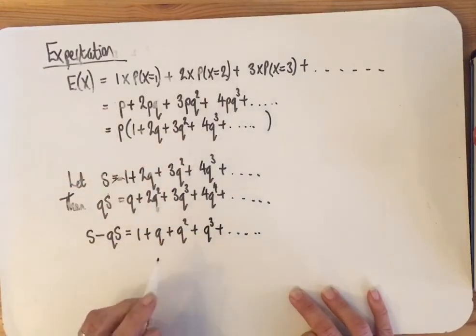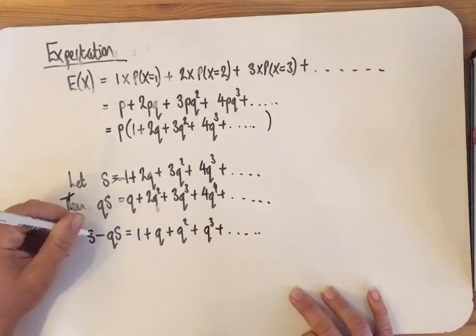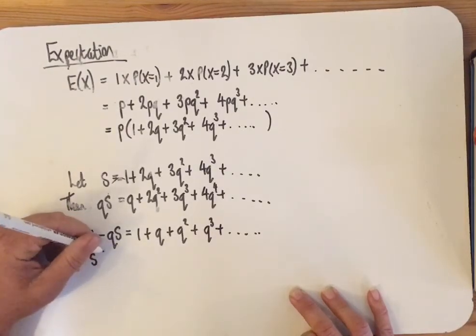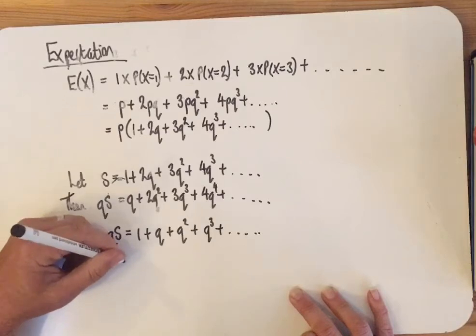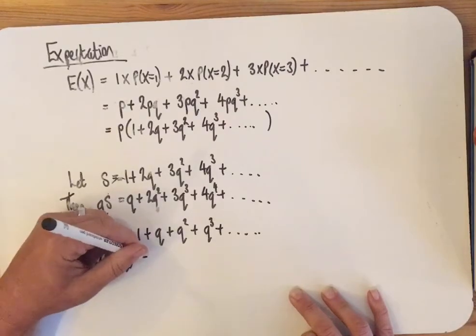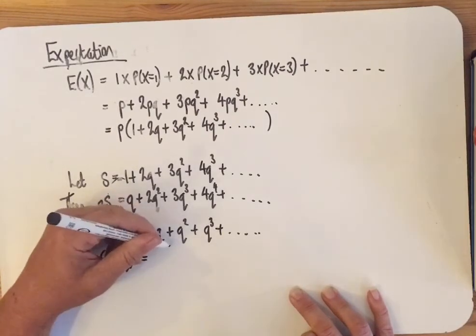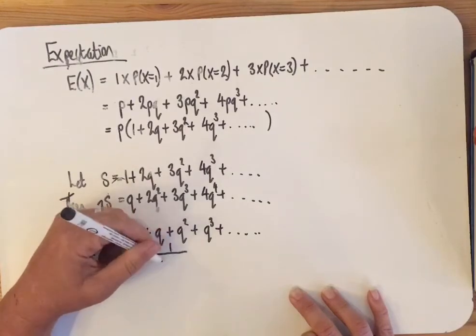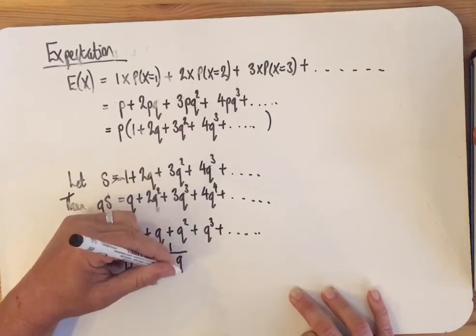So this takes us back to an infinite series. I'm going to pull S out as a factor here. This is equal to a over 1 minus r, as before.